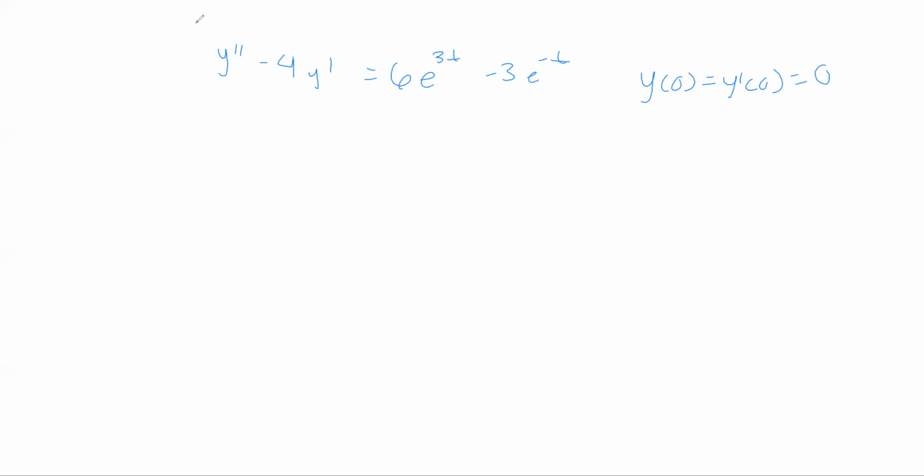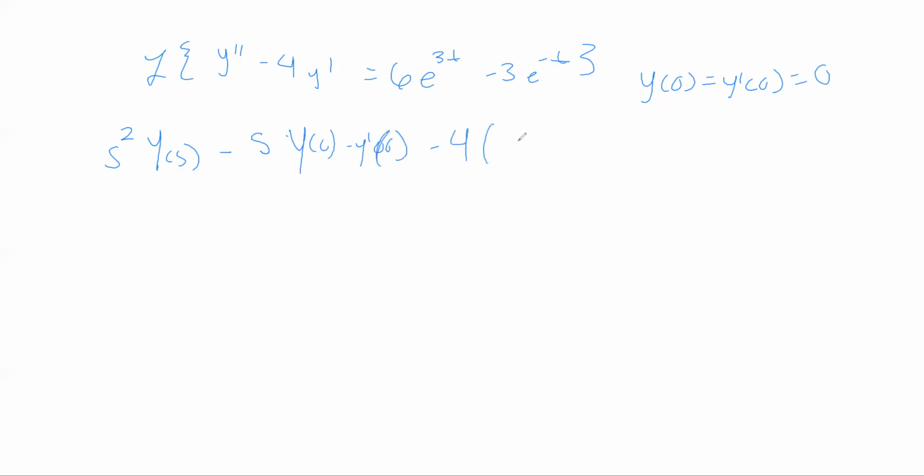Again, we have our differential equation. So our next step is to go ahead and take the Laplace of it. Again, I have s squared y of s minus s y of 0 minus y prime of 0. That is ugly, but that's okay.